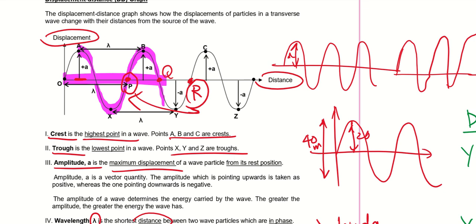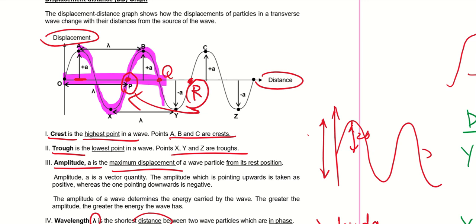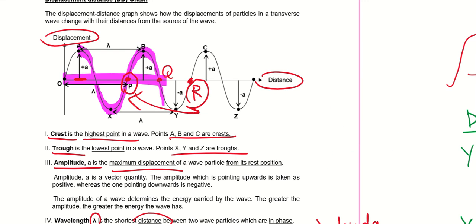Your DD graph is made up of displacement in the y-axis and distance in the x-axis. I mentioned before that this graph is not like your kinematics graph whereby you need to find gradient or area under the graph. This one is very simple. Each axis serves its own purpose. The y-axis will tell us the displacement, the x-axis will tell us the distance.